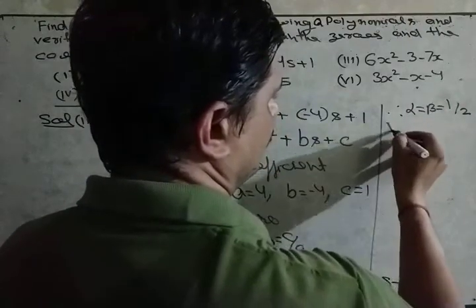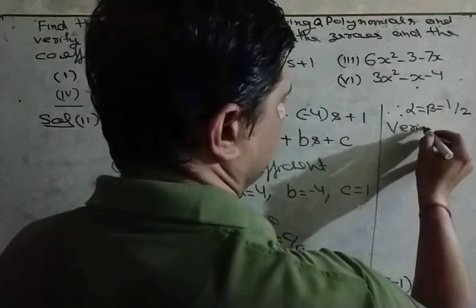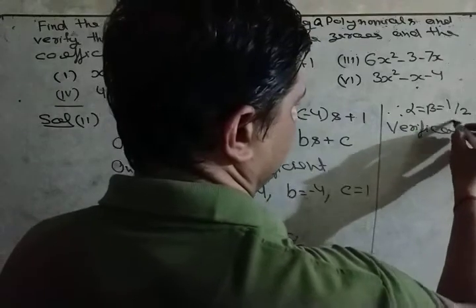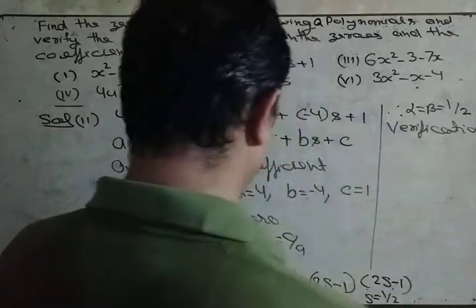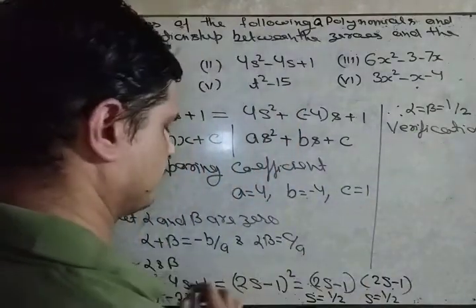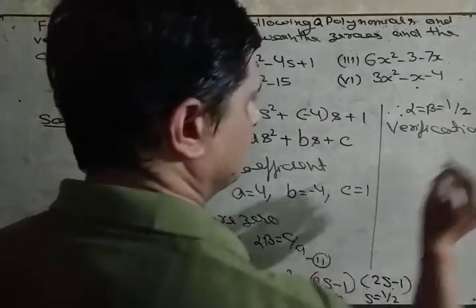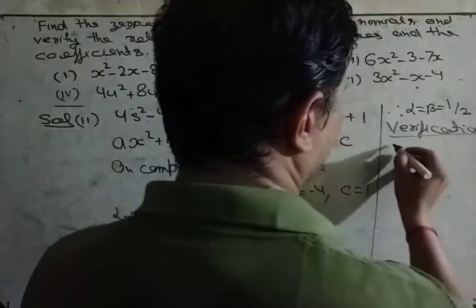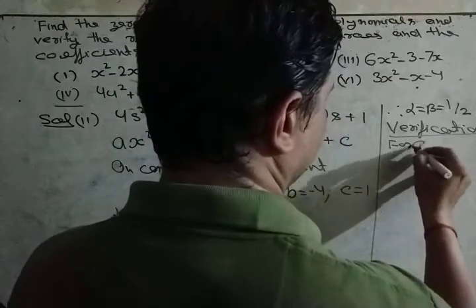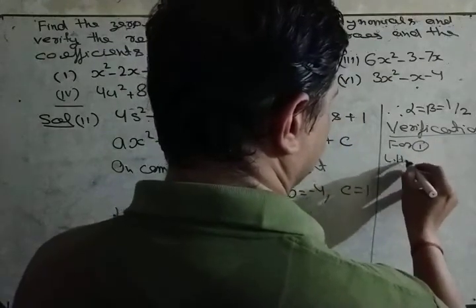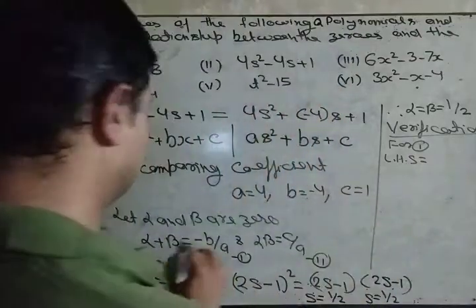Now verification of this is 1 and this is 2. Verification for 1. LHS: alpha plus beta.